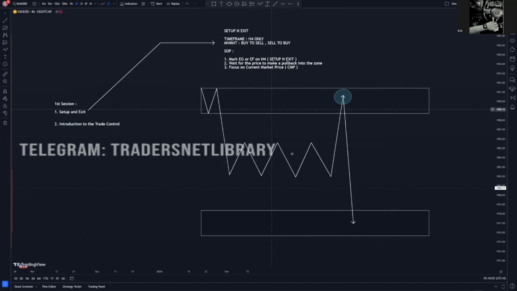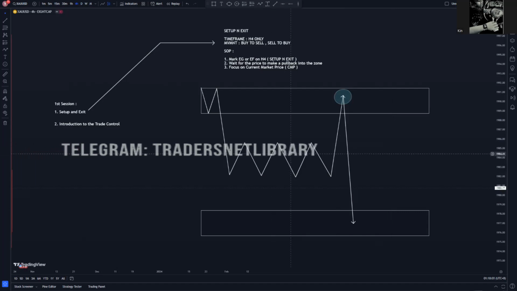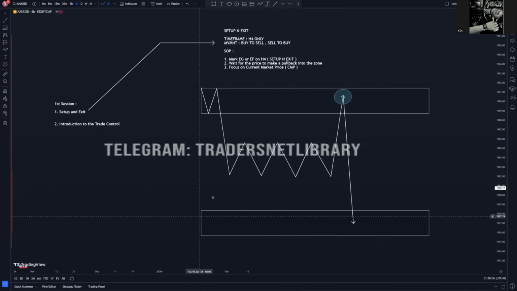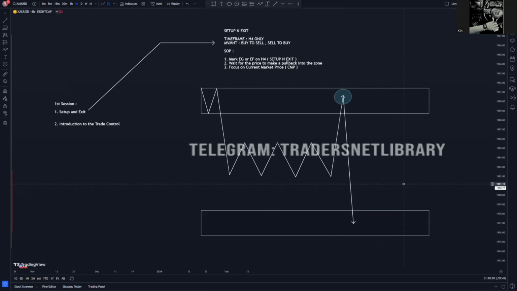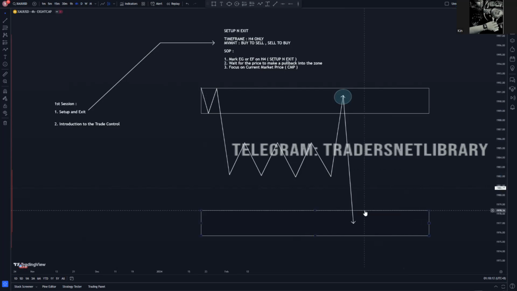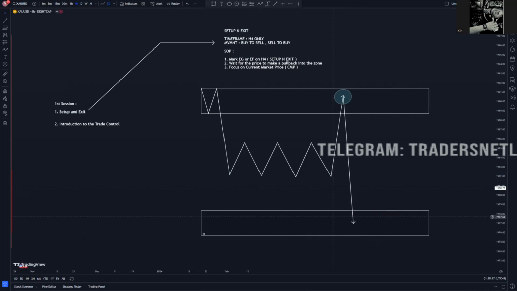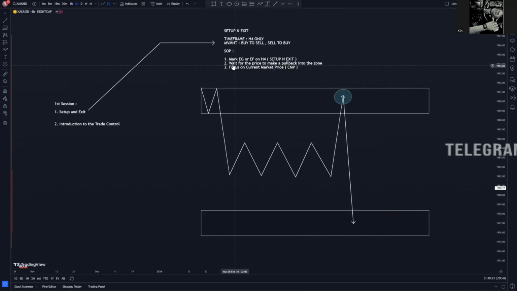So what should we do? Do it from scratch. Right now, we already have this buy zone on H4, which is the zone that we used just now as our exit. Because right now we are talking about putting the buy entry. So when the price gets into the buy zone, automatically we've done the second SOP, which is we've already waited for the price to make a pullback into the zone.